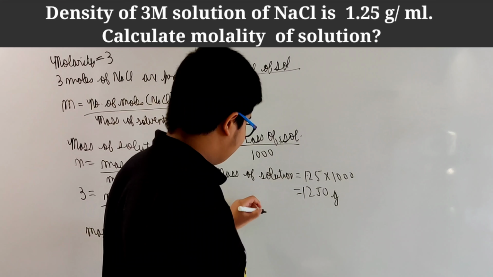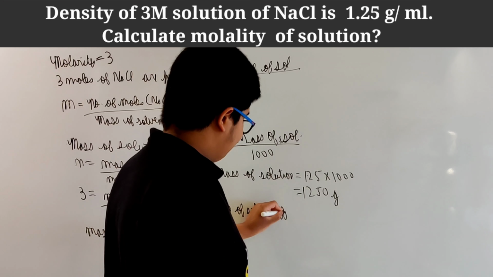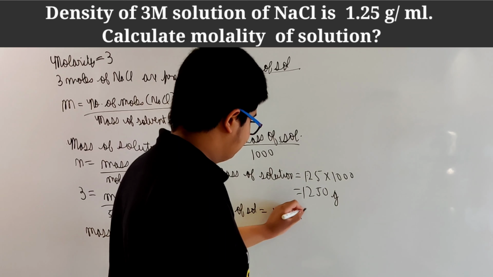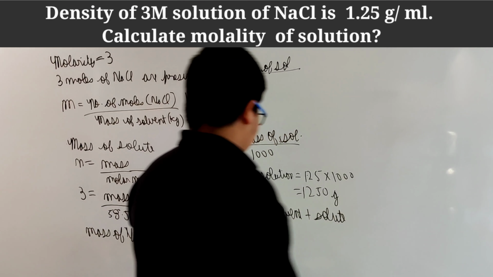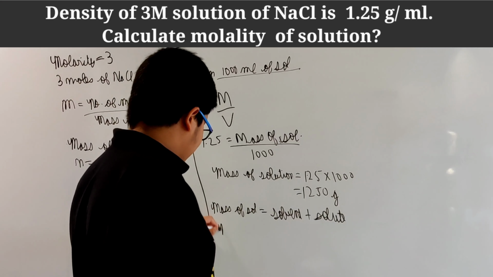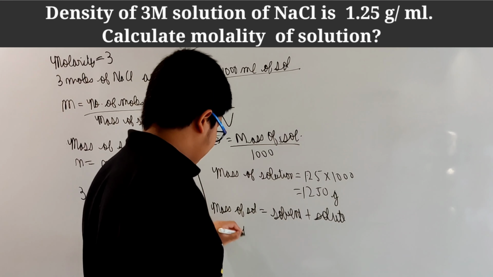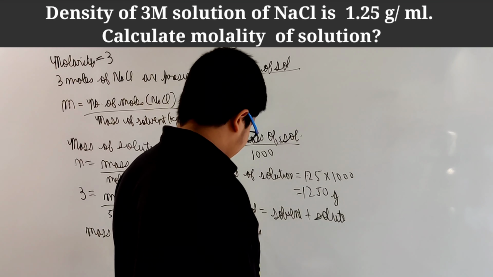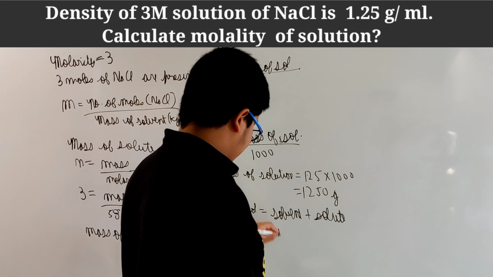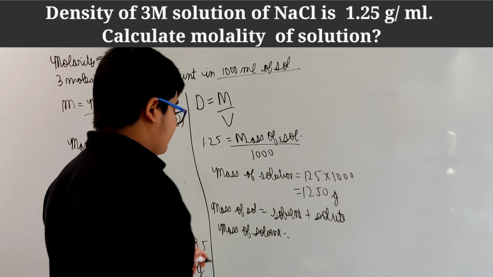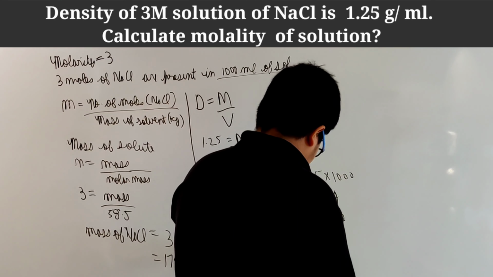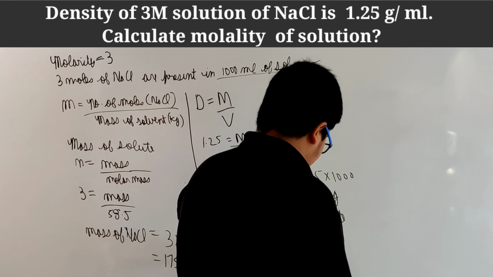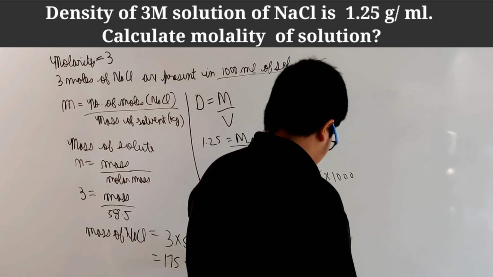As we know, mass of solution is equal to mass of solvent plus mass of solute. So from here we can find the mass of solvent. Mass of solvent will become mass of solution, that is 1250, minus mass of solute, that is 175.5 gram.